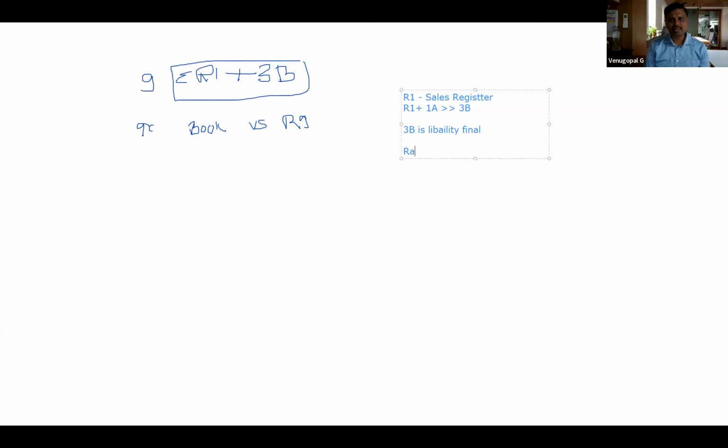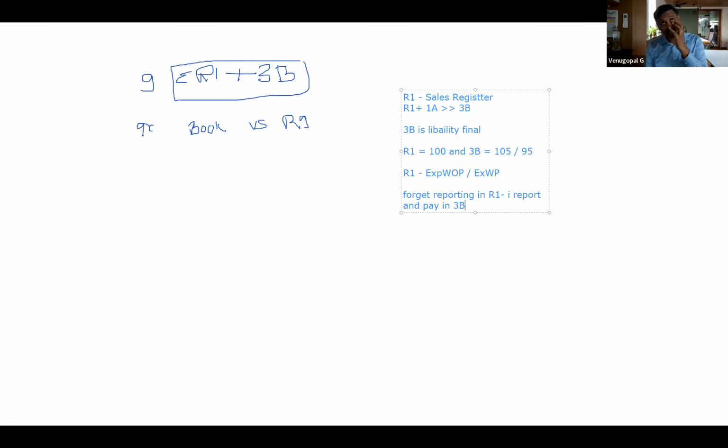Can R1 be 100 and 3B say 105 or 95? Possible. Errors can happen. In R1, I will say export without pay, but in 3B, I will say export with pay. Possible. I can always forget reporting in R1 and I report and pay in 3B.